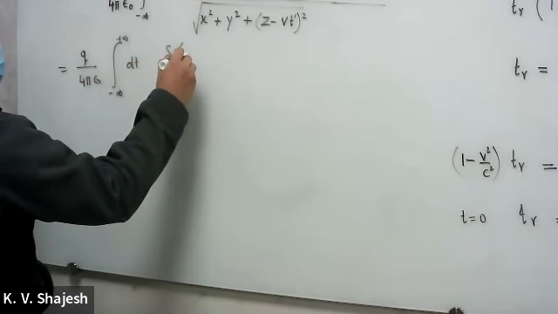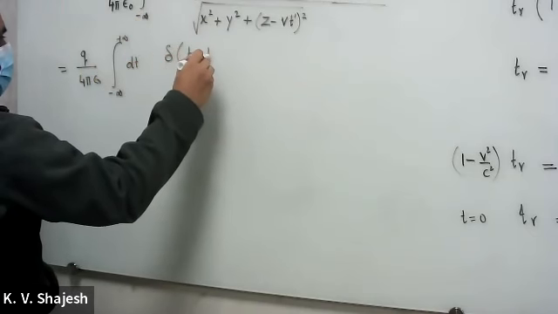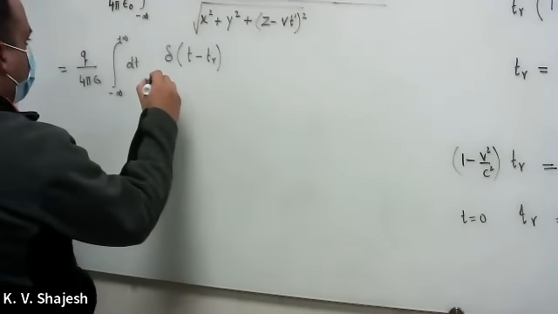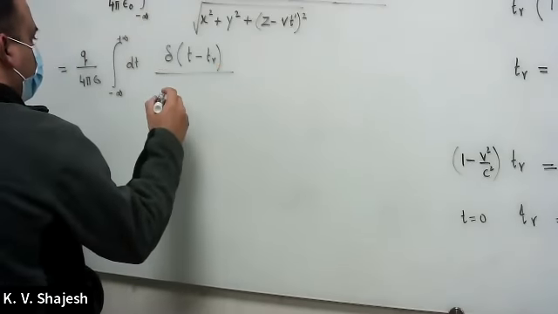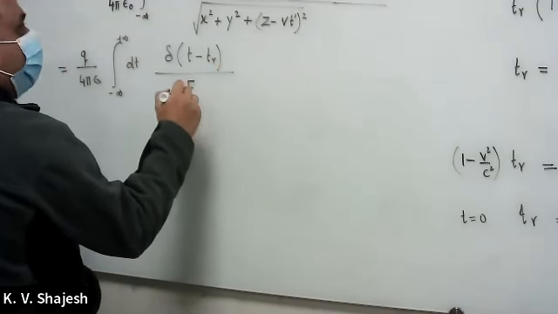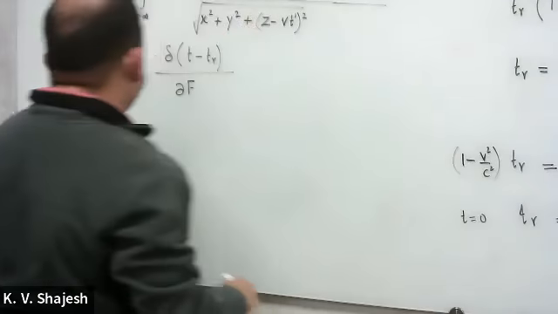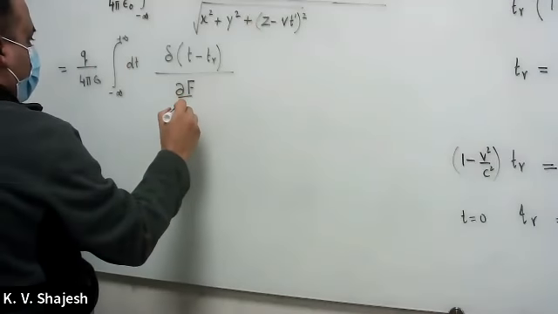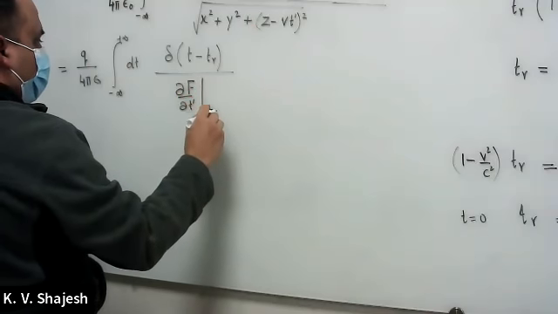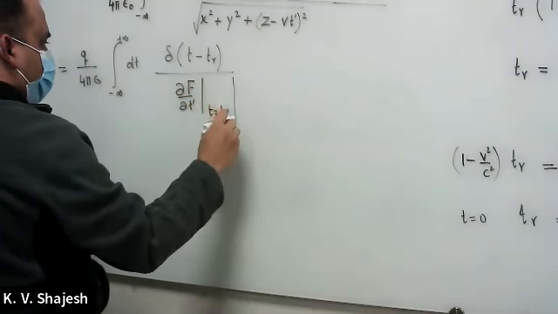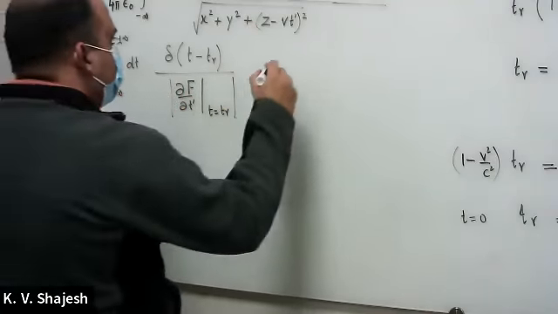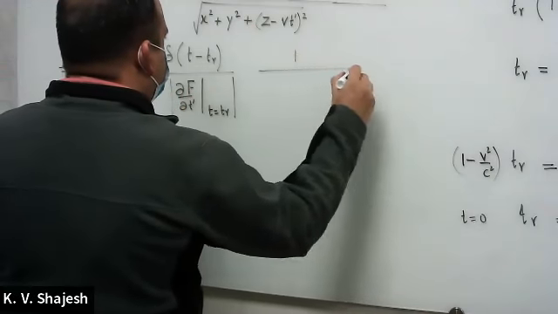This gets contribution only from t minus t_R, only from the root. That is equal to the derivative of f, which is this function here, with respect to t prime, evaluated at t equal to t_R, and then take the magnitude. And the other piece remains.